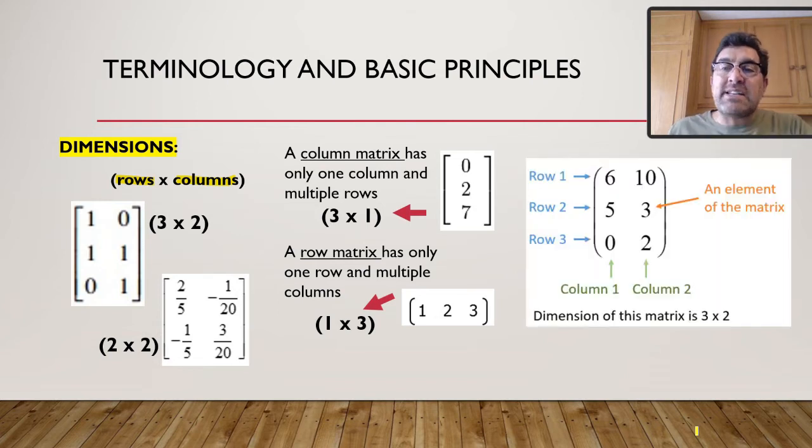Okay, and here in general, if we look at this notation, the rows are represented as horizontal entries, columns as vertical. But what is important now is we need to talk about the element of the matrix. If we look at the number 3, the number 3 lies in row 2, and column 1.